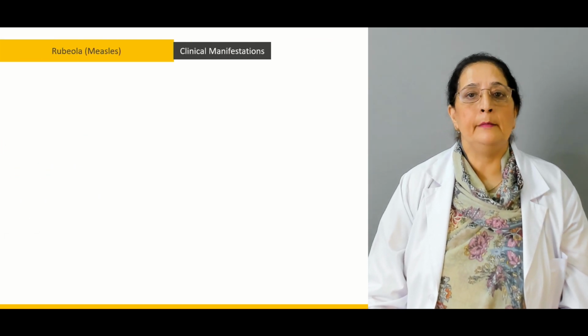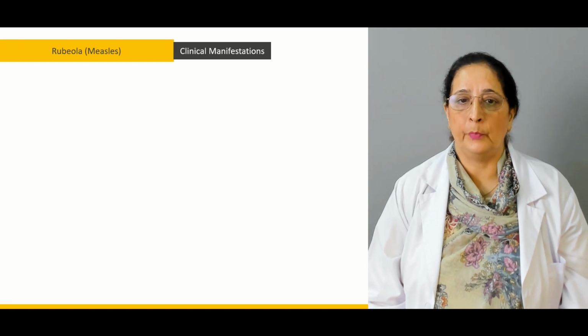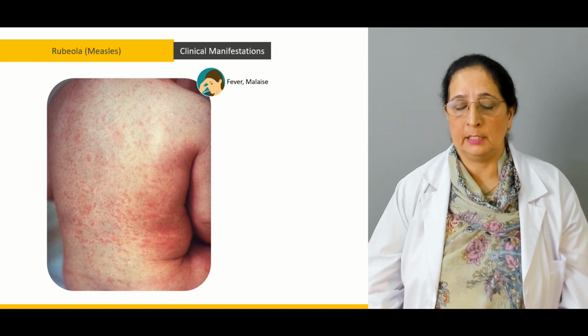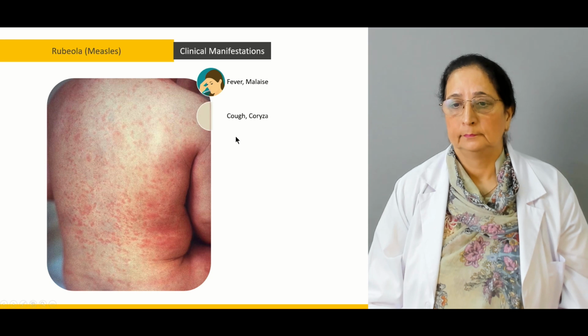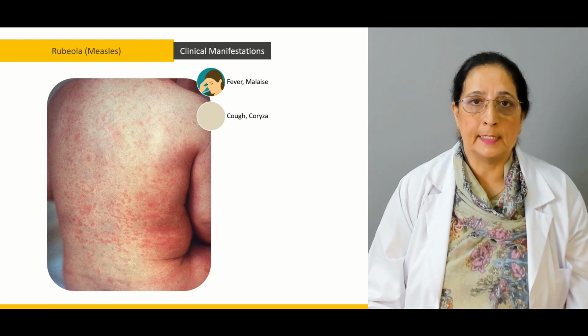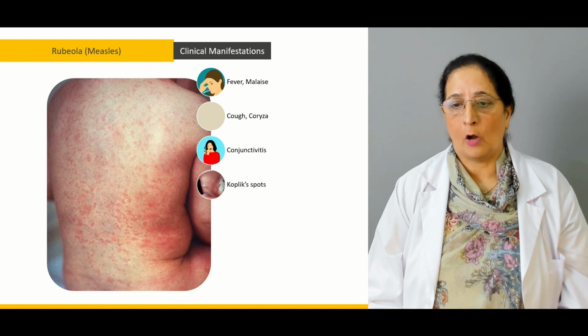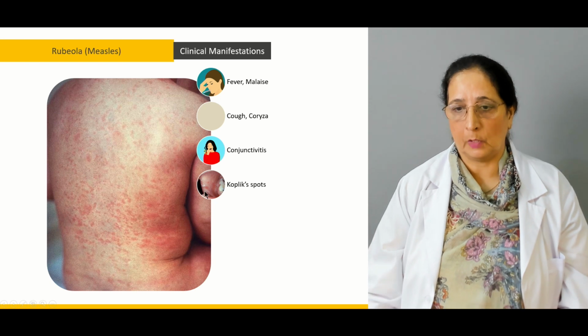Then the clinical manifestations of measles or rubeola infection. The clinical manifestations: there is fever, malaise, cough, coryza, conjunctivitis. Koplik spots appear. Here you can see the Koplik spots.